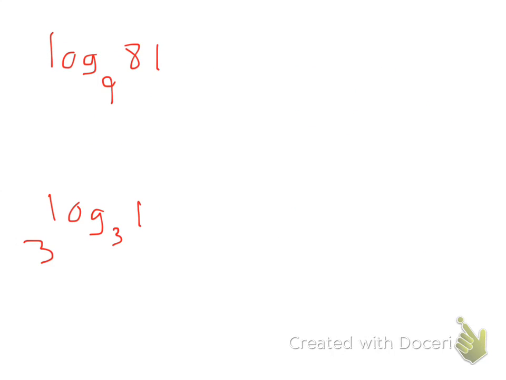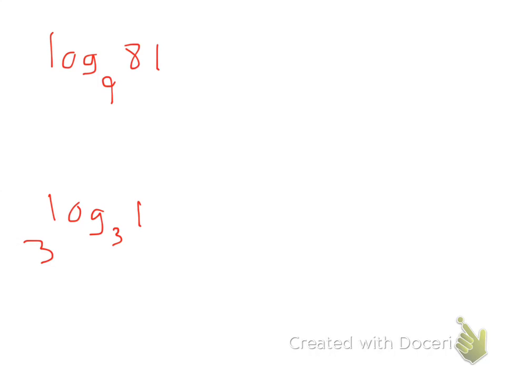Guys, the first one is log base 9 of 81, and then the second one, 3 to the power of log base 3 of 1. Because I showed you the 4 little properties on the last slide, I'm hoping we don't have to sit there and say, okay, log base 9 of 81 equals x, and then switch it.